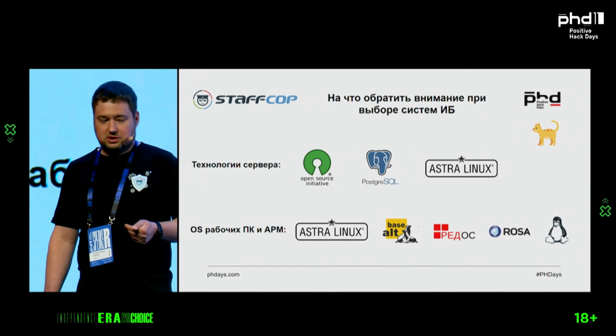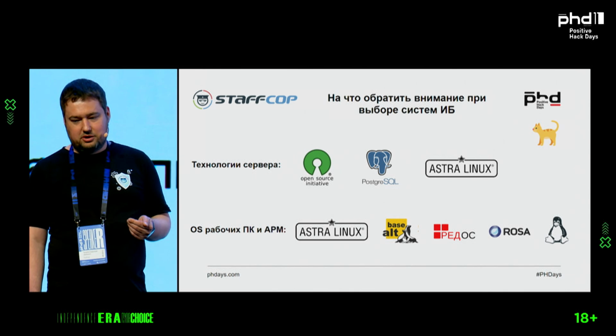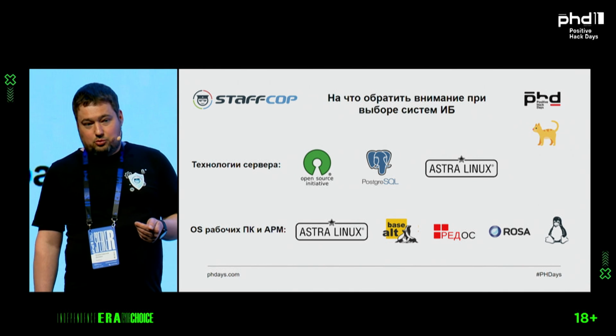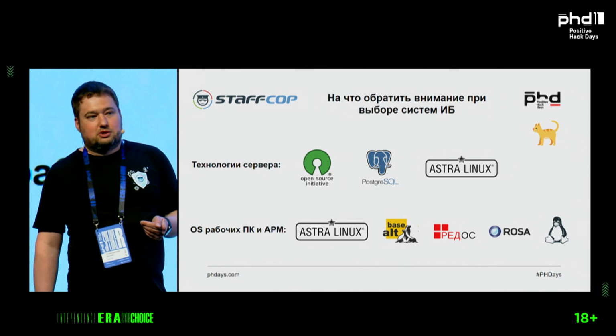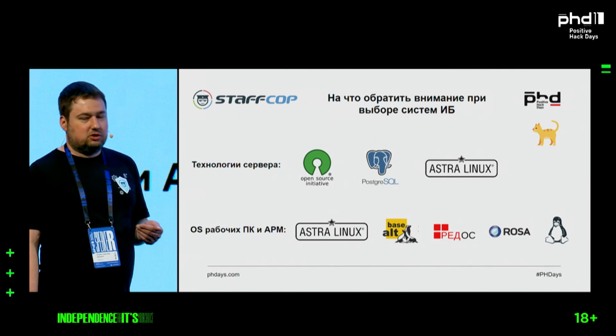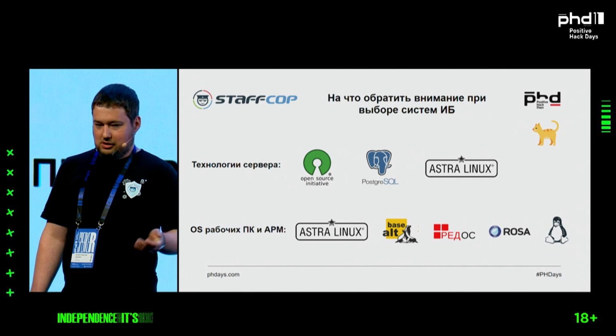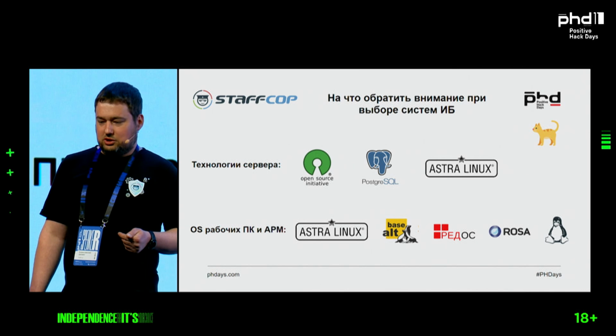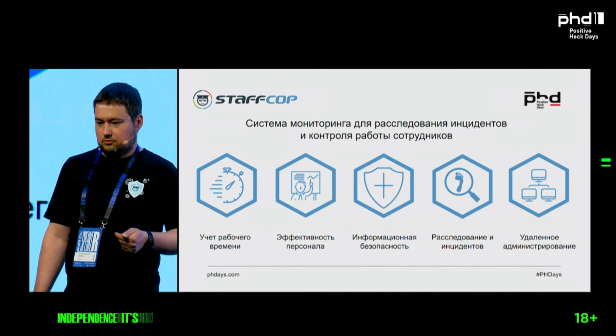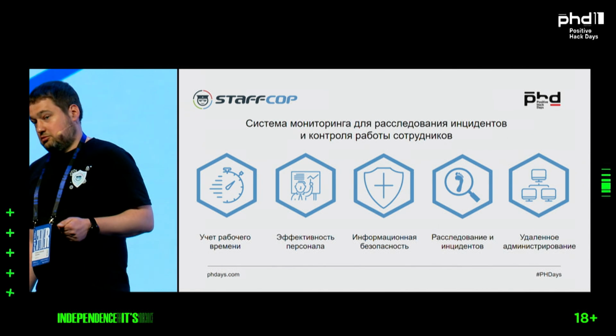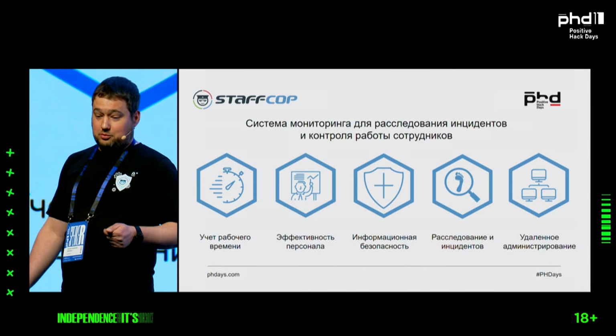We want to be as independent as possible. So, and workstations. Those who worked with Windows alone, well, they have to shift to other operating systems. Then what kind of operating systems? It's a good question.